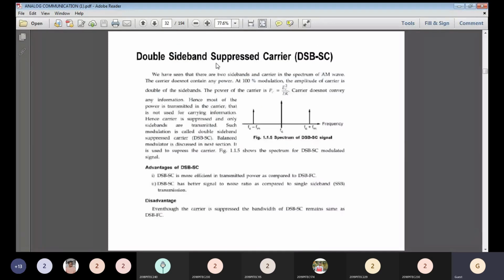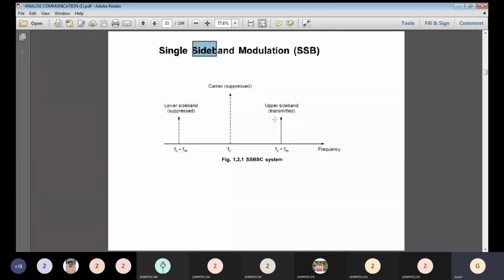What is that? The vestigial sideband concept. In vestigial sideband, one sideband is completely transmitted, and the other sideband is not completely suppressed. Instead of completely suppressing the unwanted sideband, only a portion is suppressed. The remaining portion is transmitted along with the upper sideband. This is called vestigial sideband.